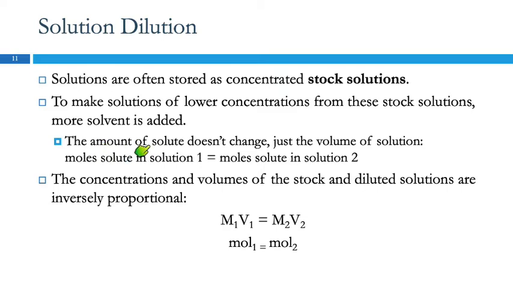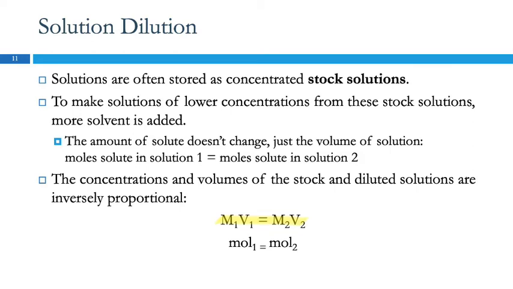And so that's the idea here with diluting solutions. The amount of solute doesn't change, only the volume of the solution changes. If we have solution 1 with a certain number of moles of solute, then our diluted solution is going to have the same number of moles. And so because of that, we have this equation: M1V1 equals M2V2.